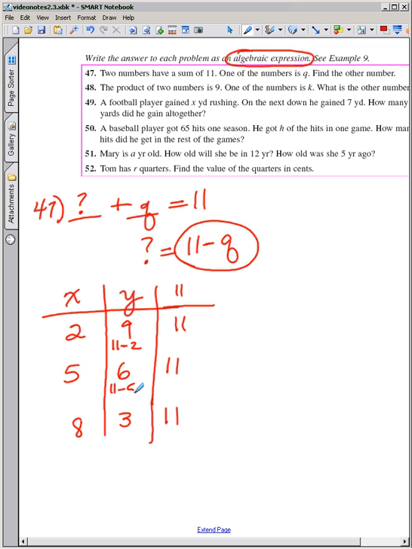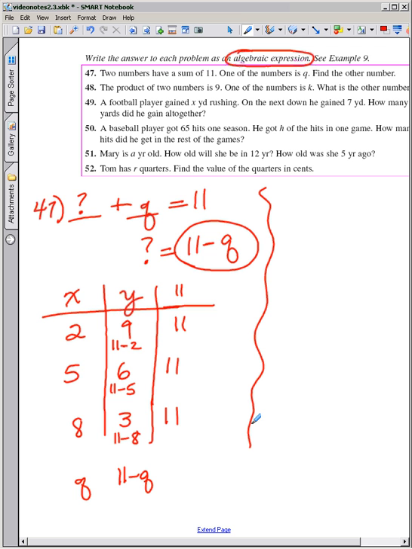If you knew 8, 11 minus 8 is 3. So if one number is q, the other number is 11 minus q. Okay? That's really an important concept to remember. So if one number is q, the other one is 11 minus q if they add up to be 11.